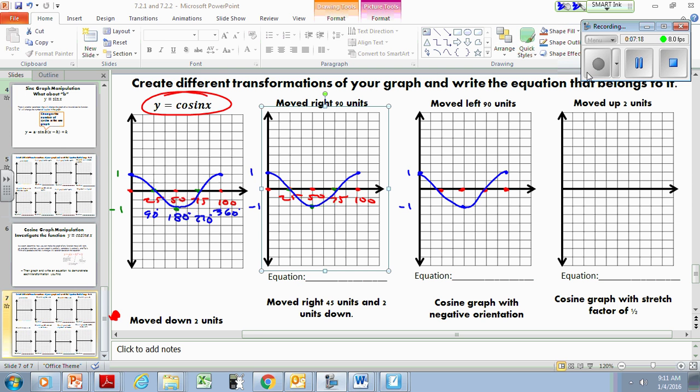Anybody know what we put under the 360 in radians? Pi is close. 2 pi will do it. What's half of 2 pi?